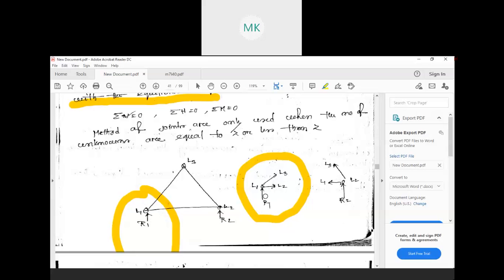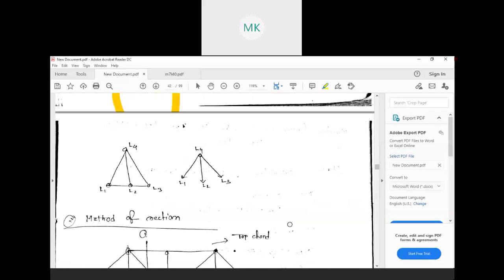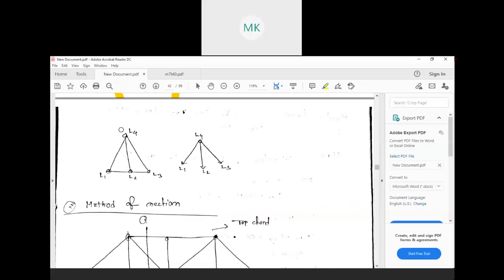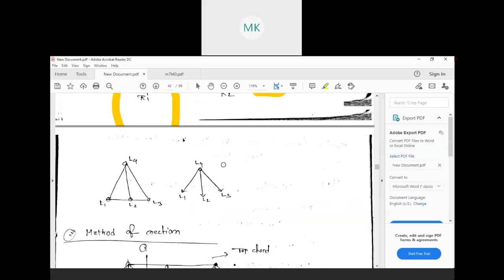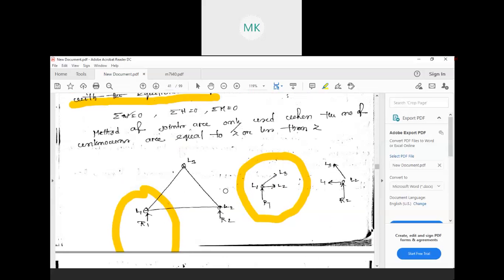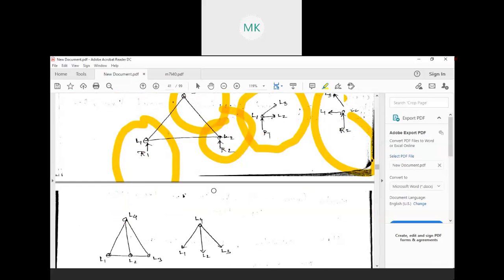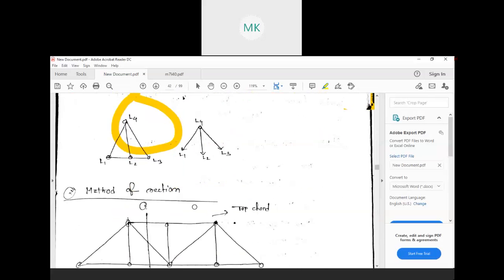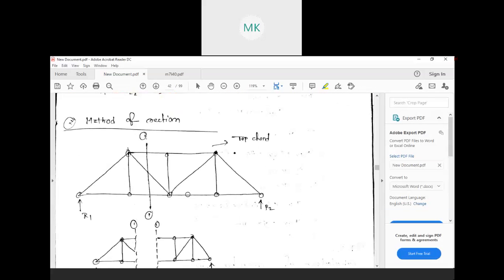If we know any one of these, the other two we can easily find by this method. This is just the free body diagram of all three joints. So this is our method of joints.